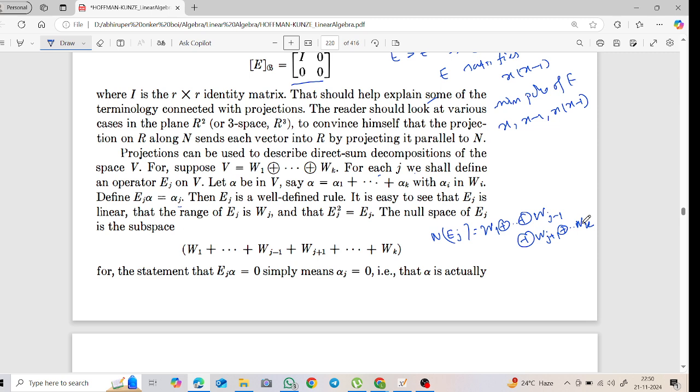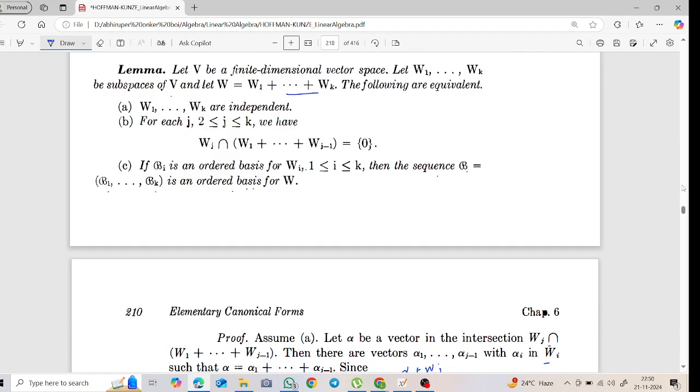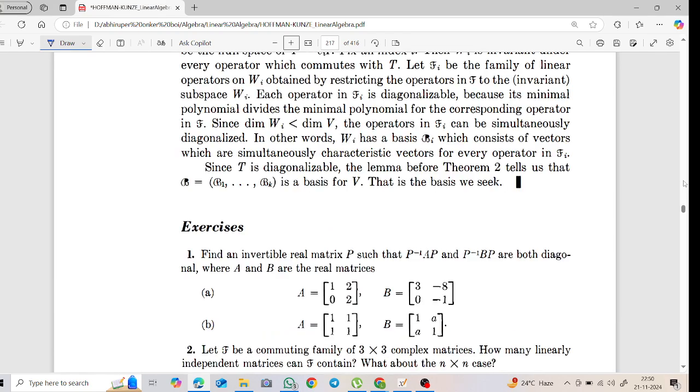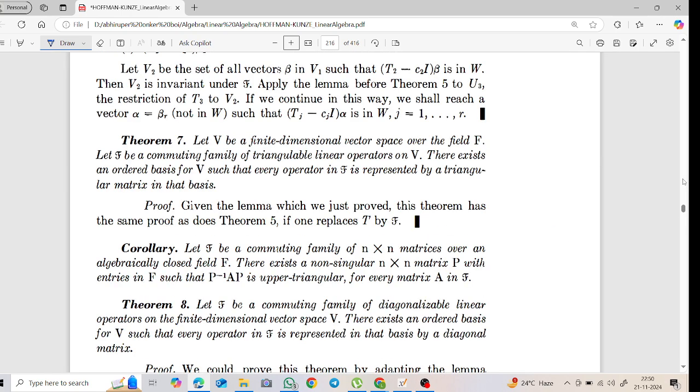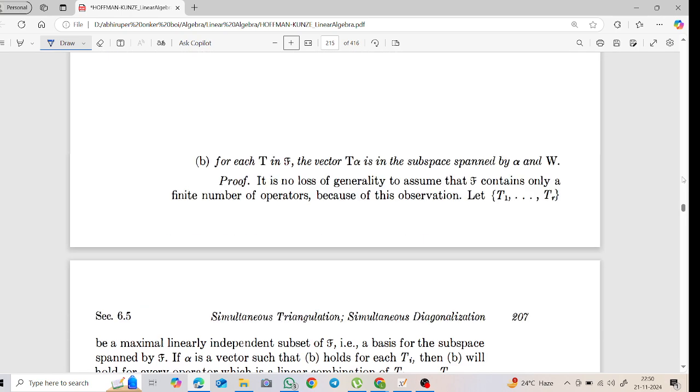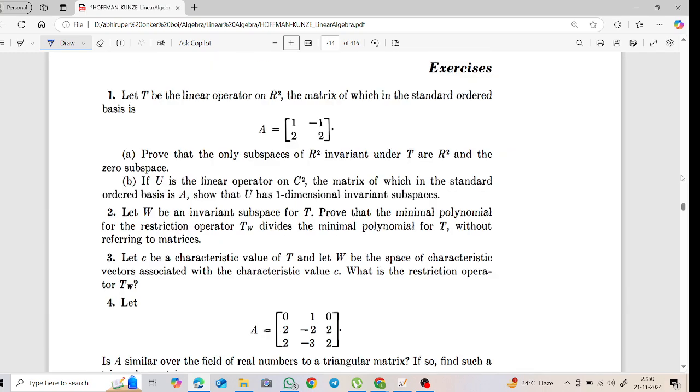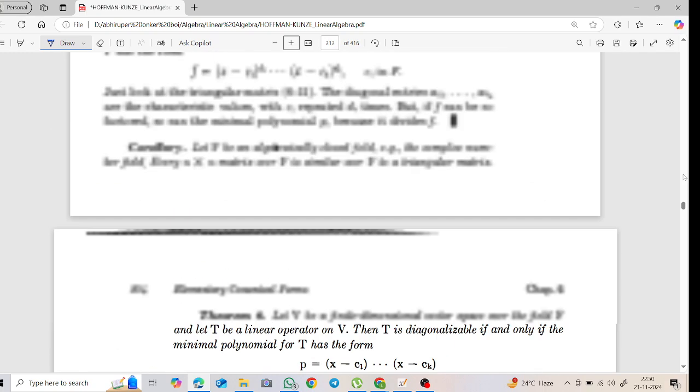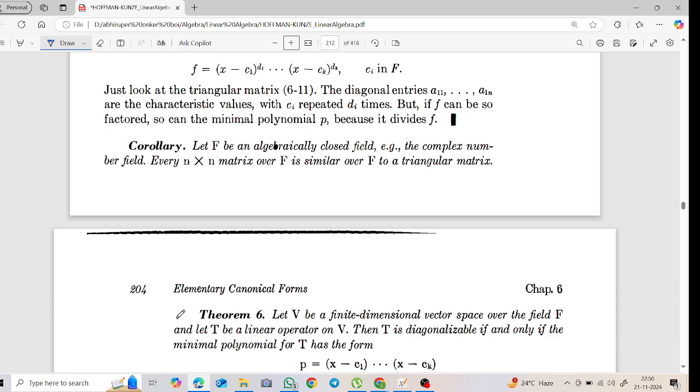Do you remember the result? Wait a minute. Do you remember this result? Read it.